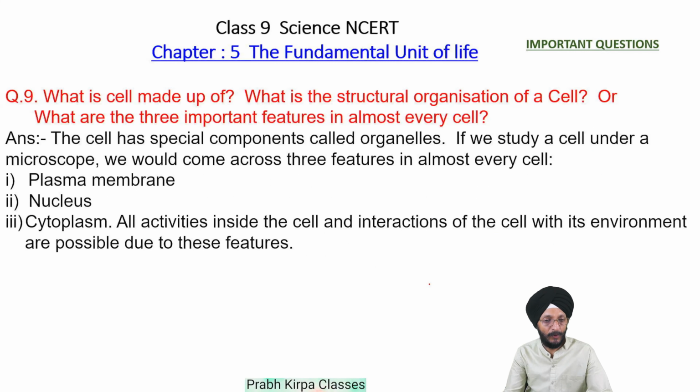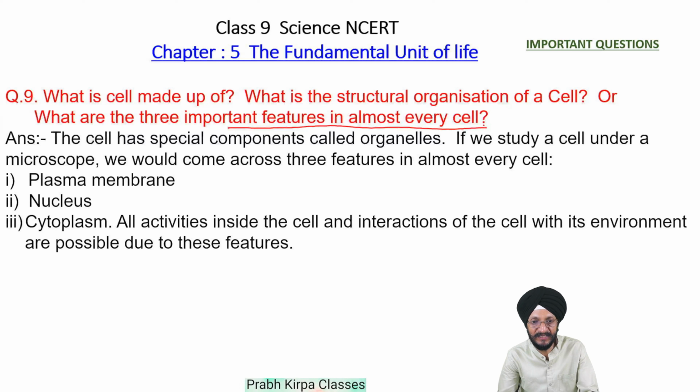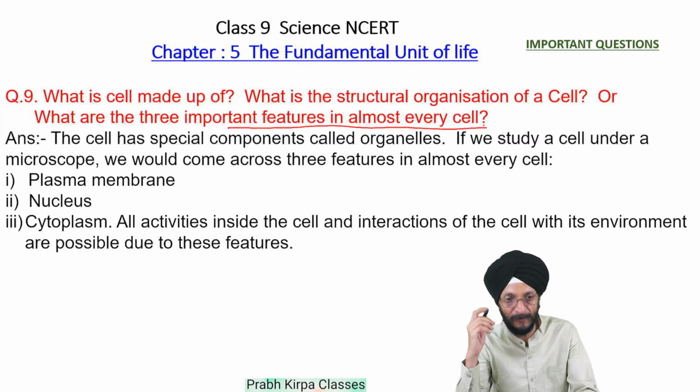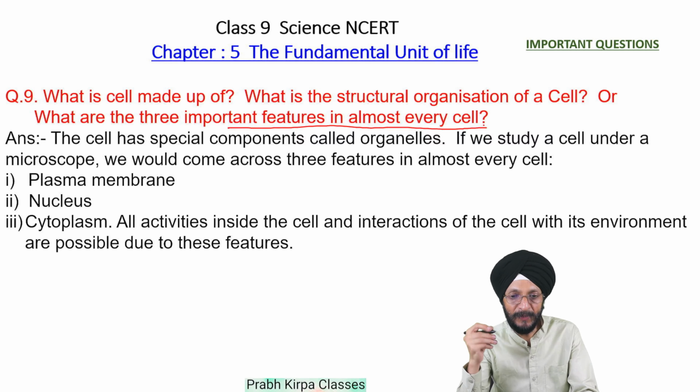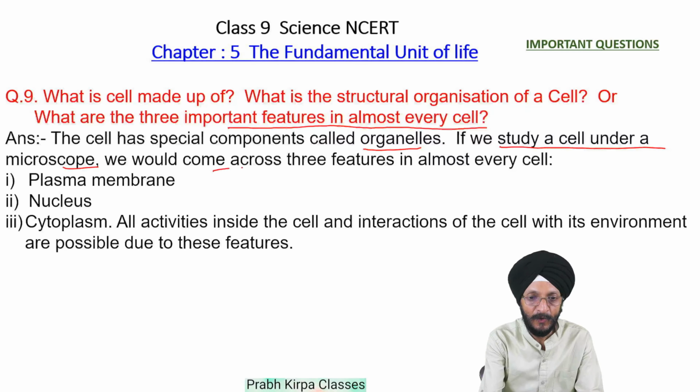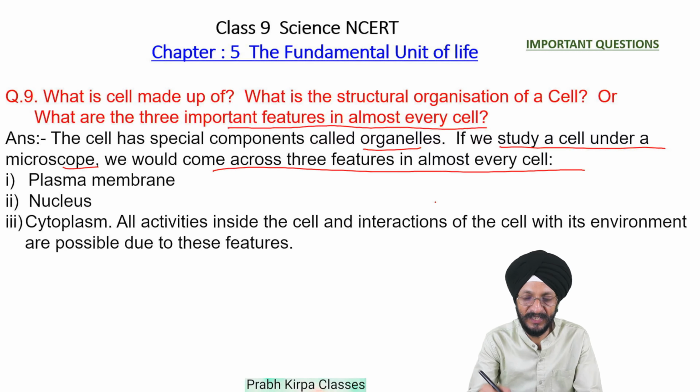Now, another important question is, what is a cell made up of? What is the structural organization of the cell? Or what are the three important features found in almost every cell? The cell has special components called organelles. If we study a cell under the microscope, we would come across three features in almost every cell.